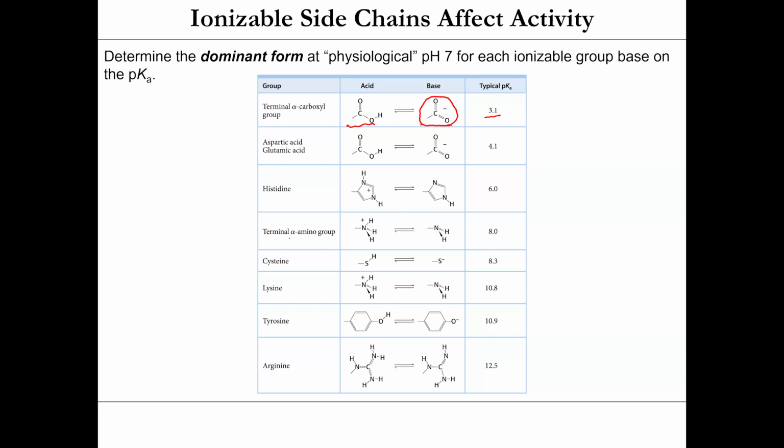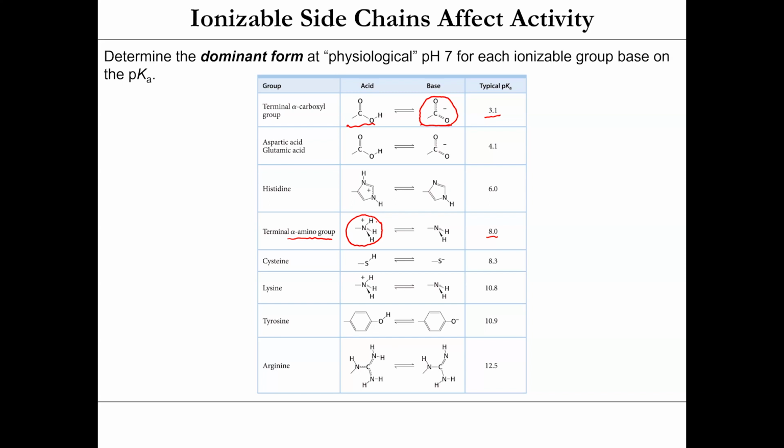Similarly, for the alpha amino group, which is shown right here, its pKa is 8. So at physiological pH 7, the dominant group is going to be the protonated acid group, which is why it carries the positive charge. We already discussed that.